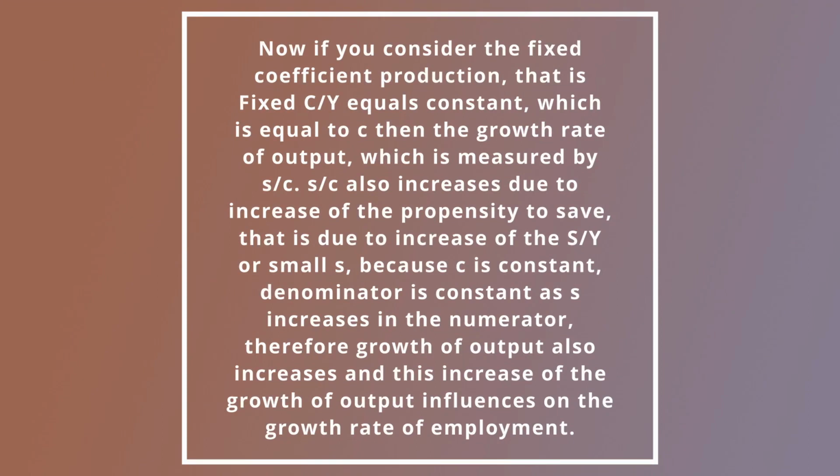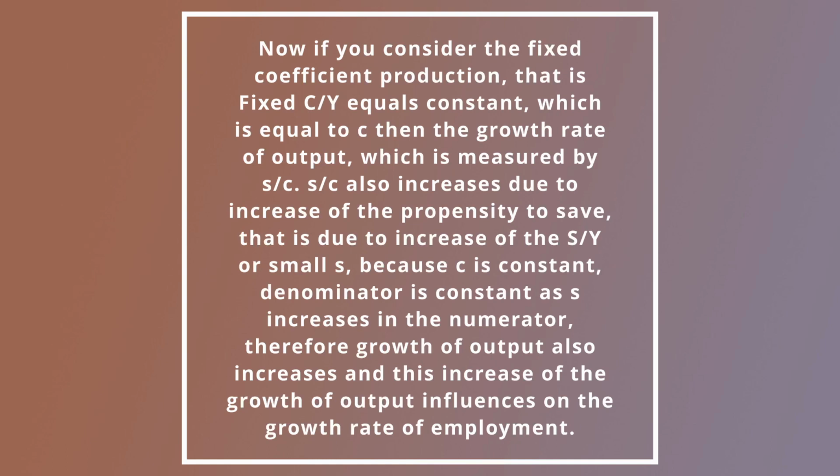Now, if you consider the fixed coefficient of production, that is, if C by y equals a constant, equal to C, then the growth rate of output, which is measured by S by C, also increases due to an increase of the propensity to save, that is, due to an increase of S by y or small s, because C is constant, the denominator is constant.